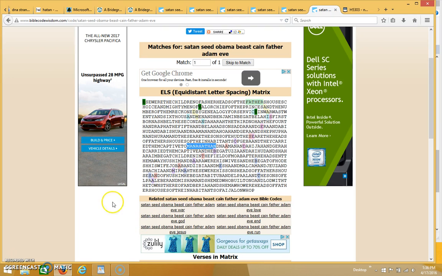Okay, the next thing I want to talk about is this word right here that's within this word that looks like Manhattan. And it's the word Hatan, which means bridegroom in the Hebrew.